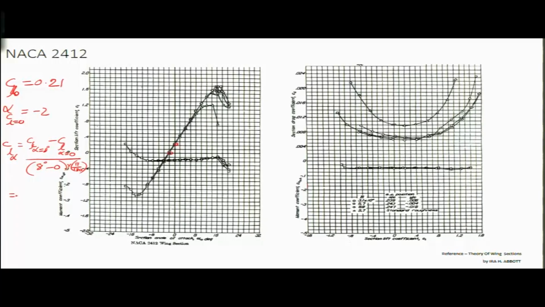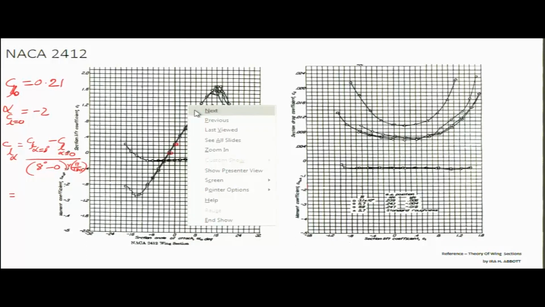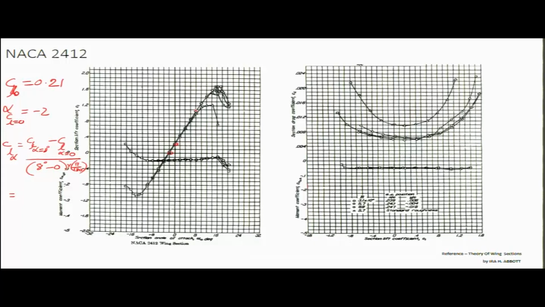So what is CL at 8 degrees? CL at 8 degrees is approximately 1.1. So for this particular point, CL comma alpha at alpha equals 8 degrees is 1.1, and at alpha equals 0 degrees it is 0.21 comma 0.